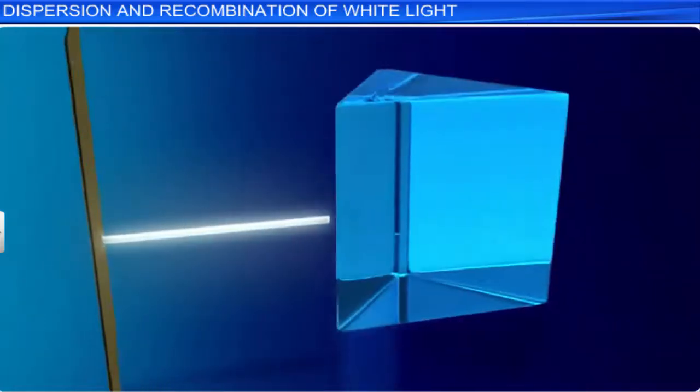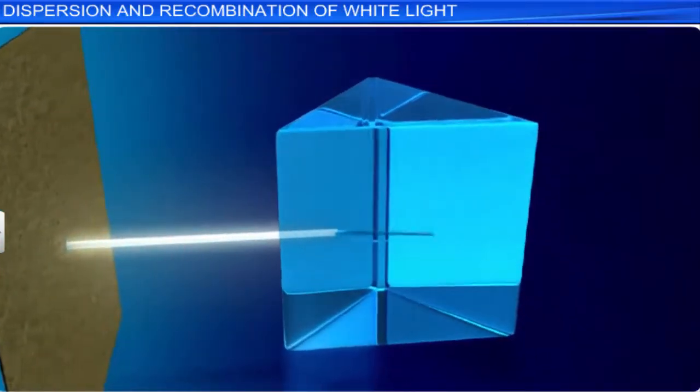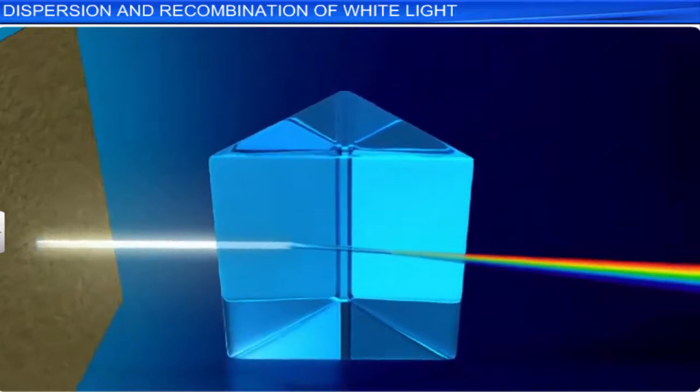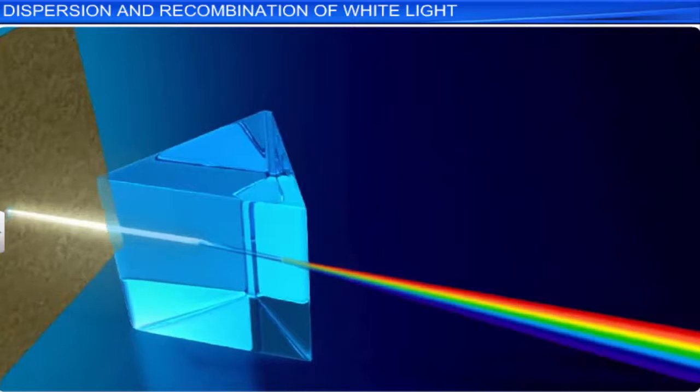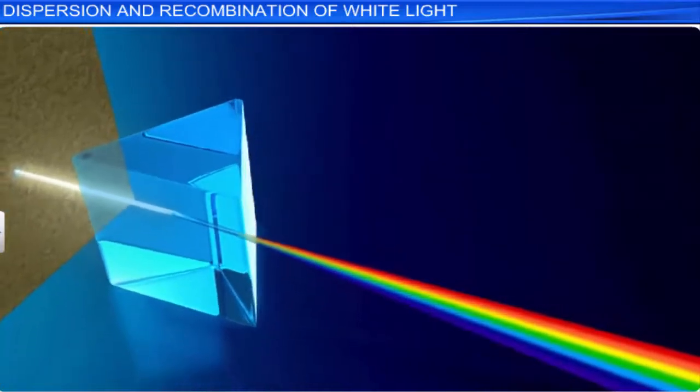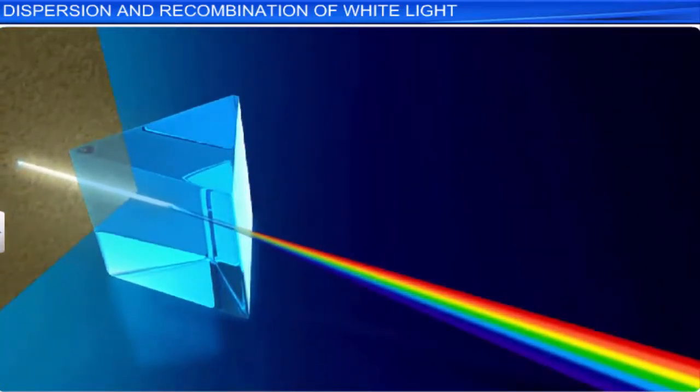The refractive index of a medium is found to be greater for shorter wavelengths. Therefore, glass has the greatest refractive index for violet, which has the shortest wavelength among the colors of the spectrum. Therefore, violet gets slowed down the most, and so is refracted through the largest angle.